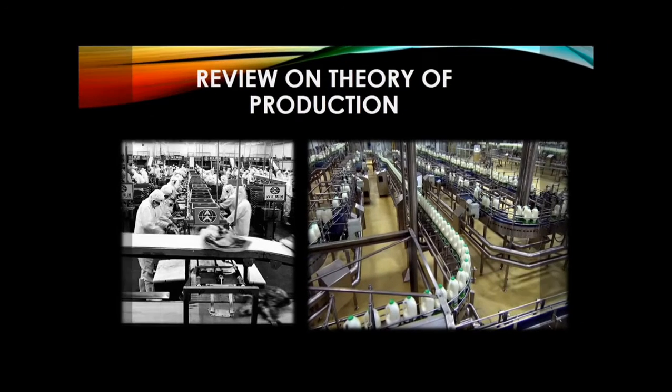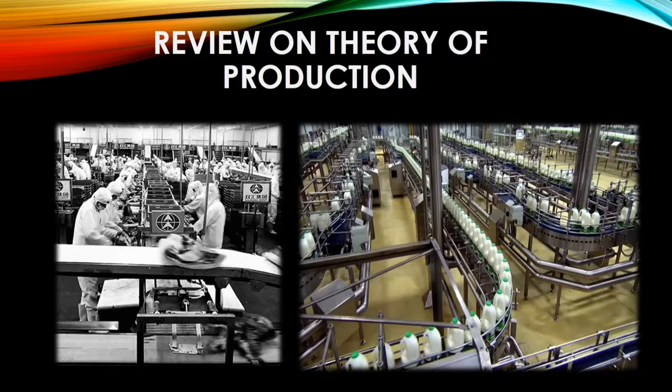Now, in our last lesson, I defined production as the transformation or the changing of raw materials into finished goods. Today, we are going to focus on division of labor. So, what is division of labor?